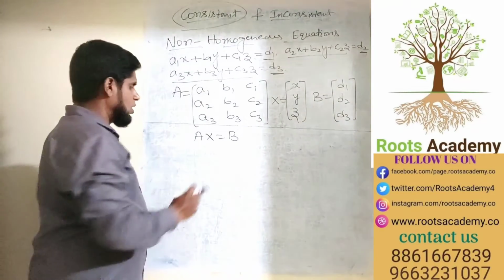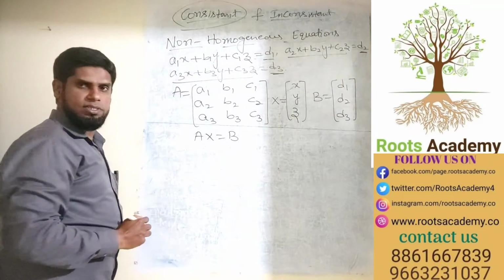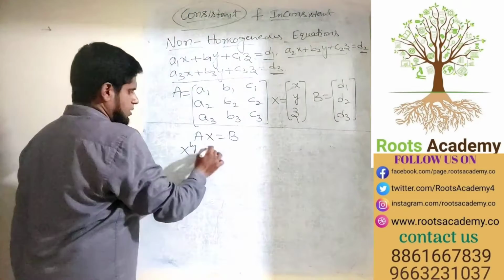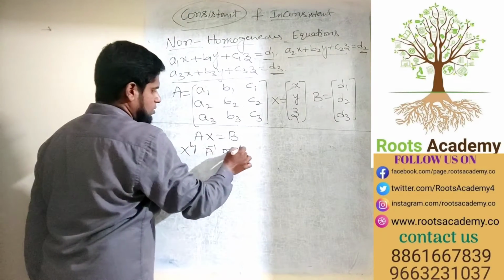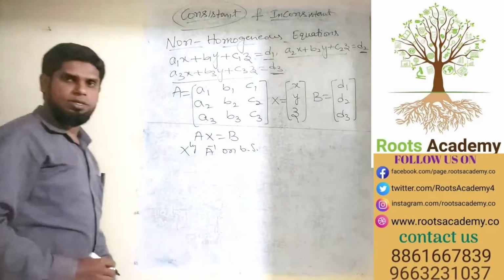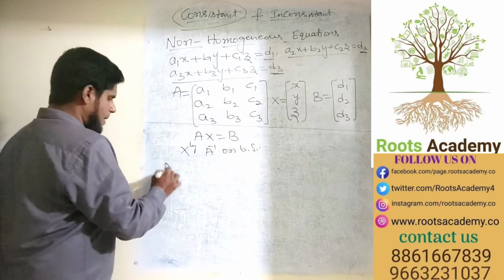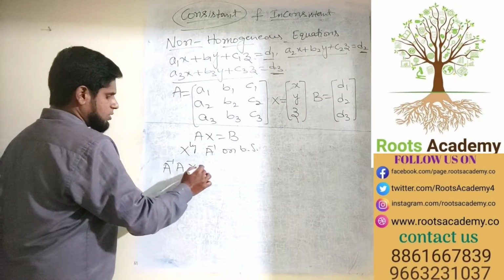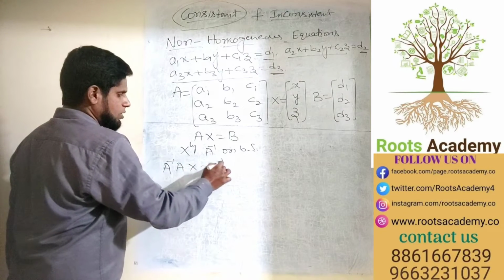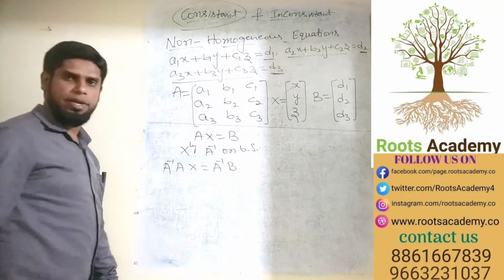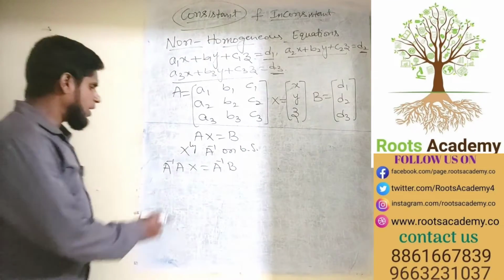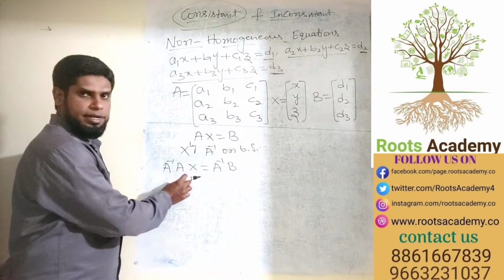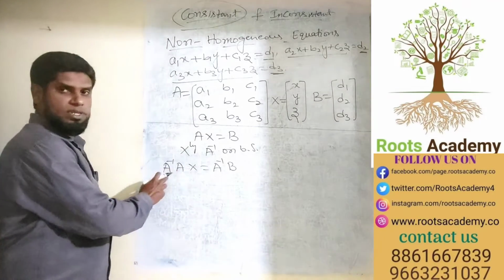After this, I will multiply A inverse on both sides. So what do I get? A power minus 1 into A into X is equal to A inverse into B. And students, in matrices we studied that A inverse into A is identity, because it is A power 0.